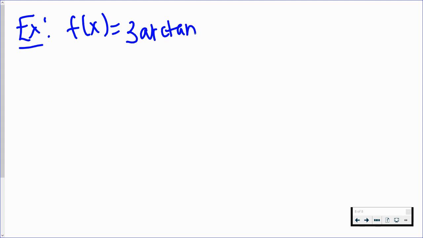All right, let's try an arc tangent problem. So let's say we have f of x equals 3 arc tangent of x cubed. And again, let's just start with basic. Let's say we just want to find an expression for f prime of x.